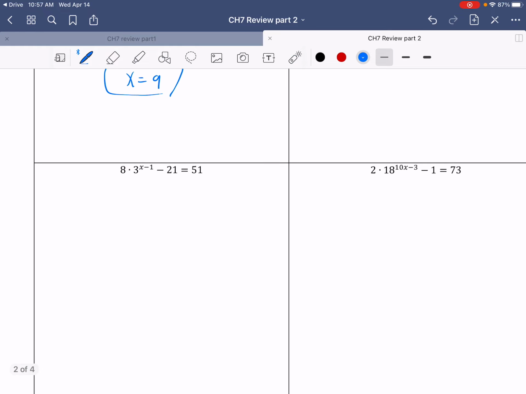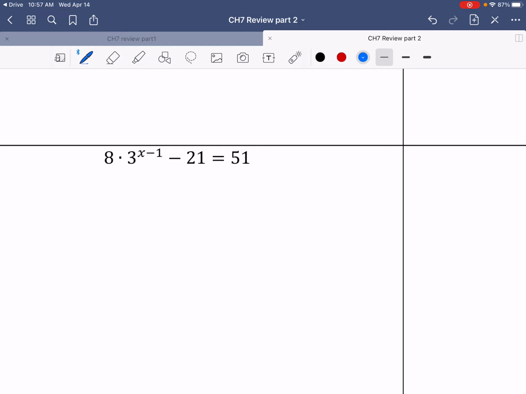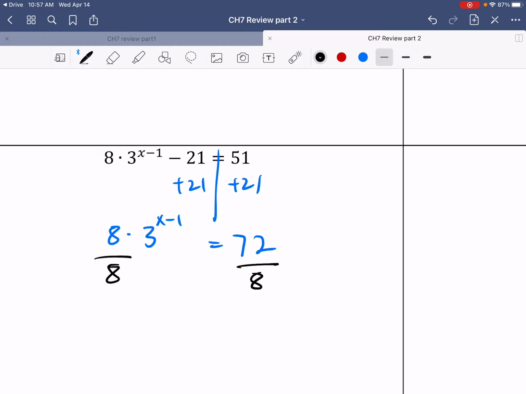All right, here we go, the fun part. If you want to do this, before you do beautiful curve, you have to isolate it, which means you have to get rid of these two numbers. Simple, right? Plus 21 both sides, you'll get 8 times 3 to the x minus 1 equals what? 72. It's so obvious. Divide by 8 both sides, you will get 9.